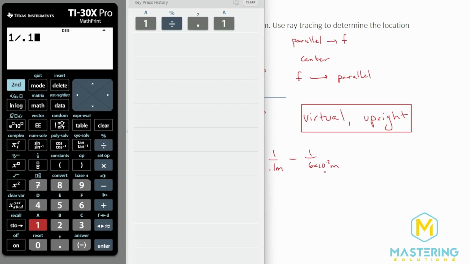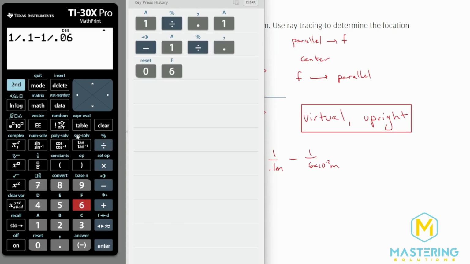Now the object distance was upstream of the lens, so it's going to be a positive value here by convention. And so we're going to subtract 1 divided by 0.06, or you could do 6 times 10 to the negative 2. And so that gives us a negative 6.67 diopters.